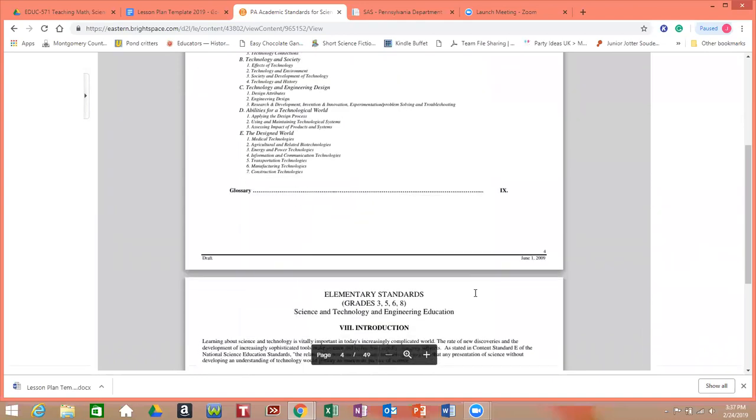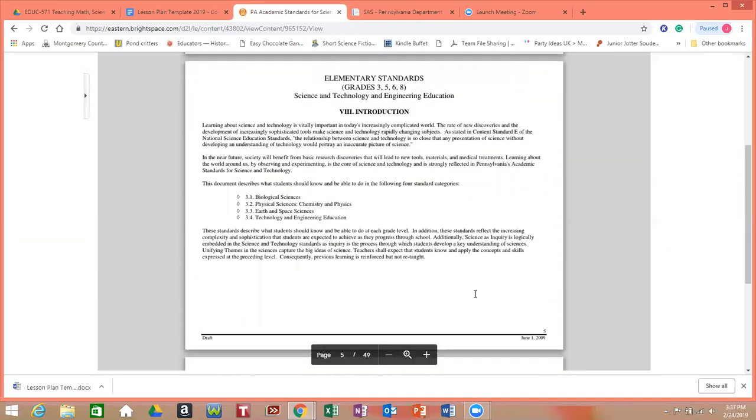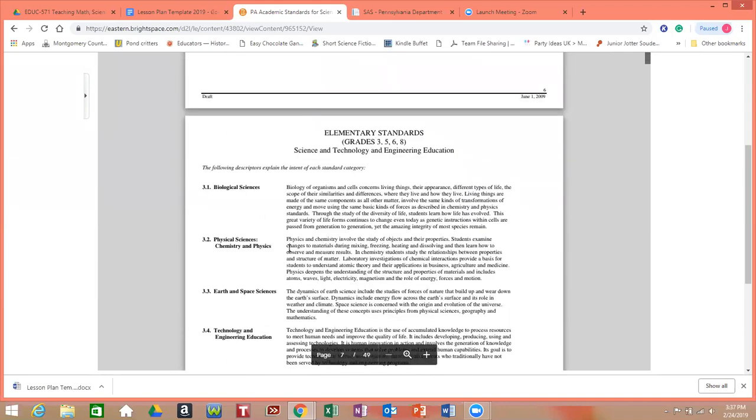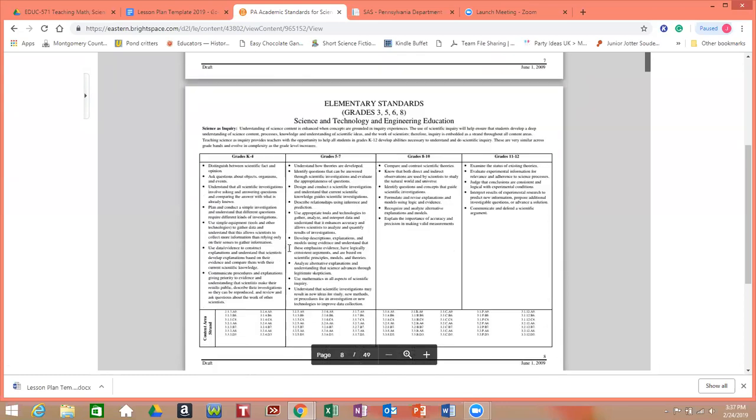So when we look at the standards and the codes, you can see the shortcut right here, 3.1, 3.2, 3.3, and 3.4. After that, whatever number comes after these digits, let's scroll down and look at an example here.